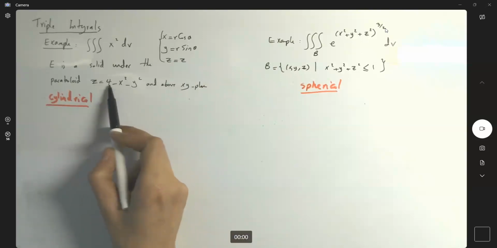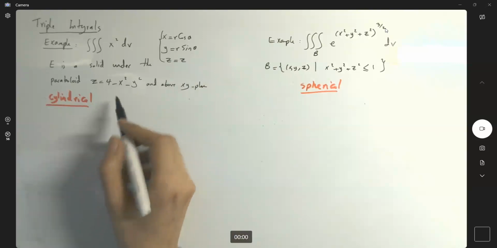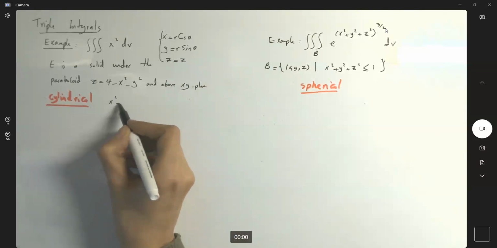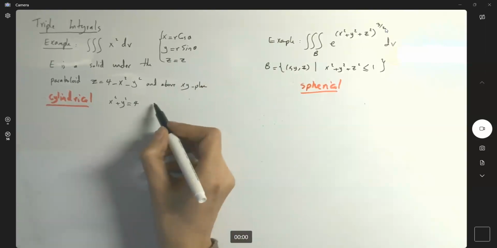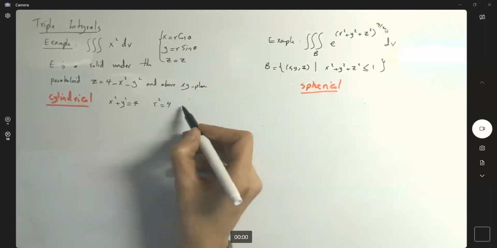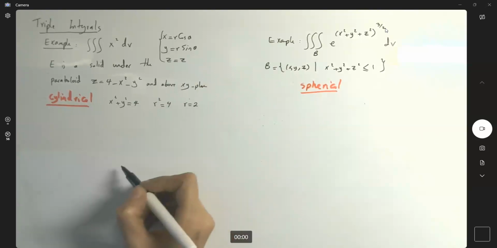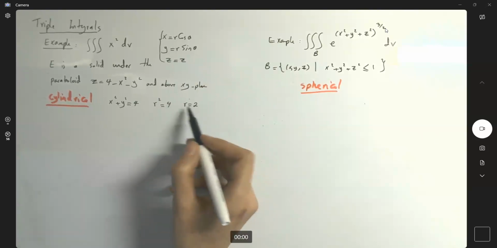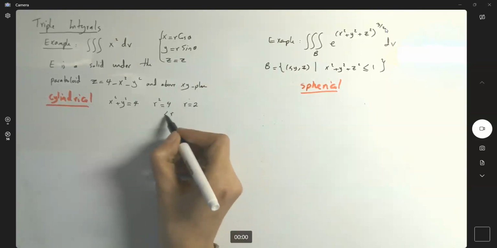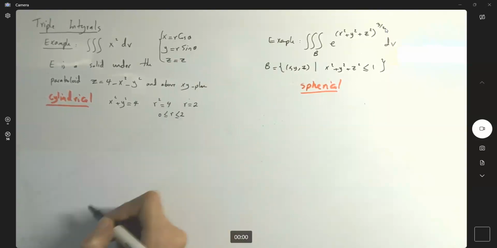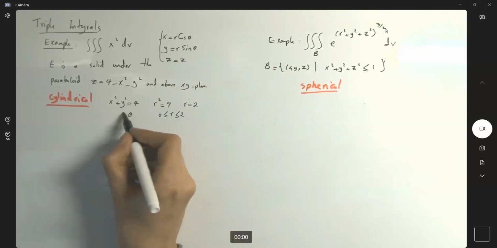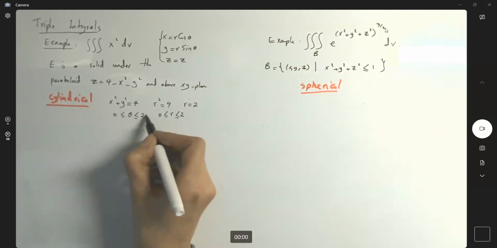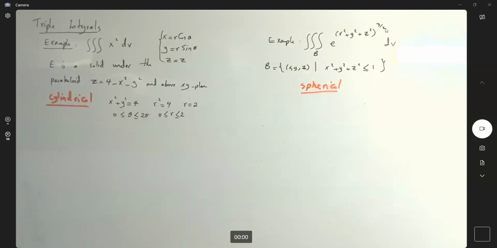First of all, z is equal to 4 minus x squared minus y squared, so x squared plus y squared is equal to 4, or r squared is equal to 4, so r becomes 2. It means my radius is bounded between 0 and 2. What about theta? There is no restriction here, so my theta is bounded between 0 and 2 pi.